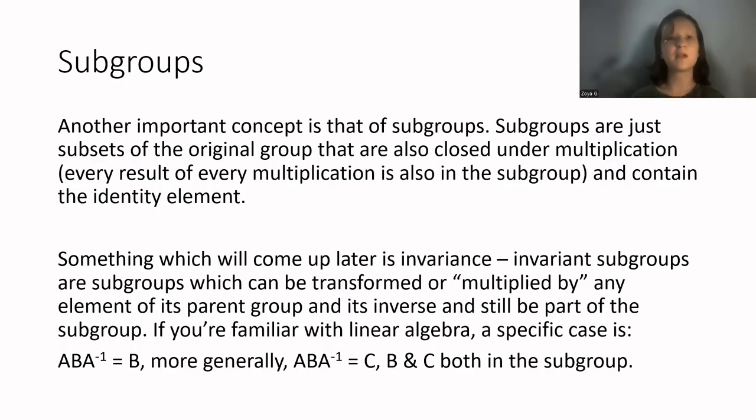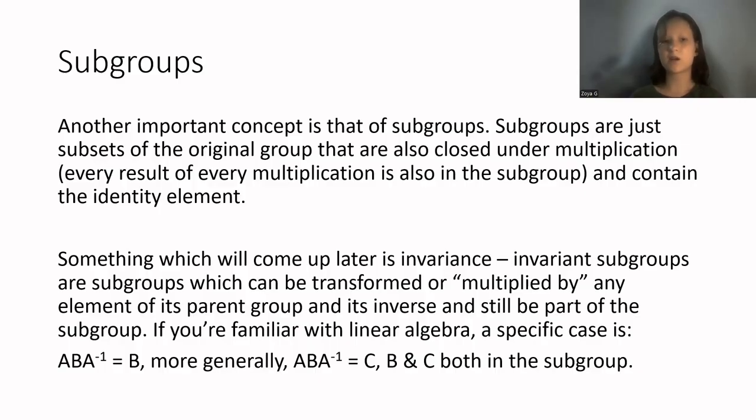Okay? So another concept that is important is that of subgroups. Subgroups are just subsets of the original group that are also closed under multiplication. So every result of every multiplication is also in the subgroup, and they contain the identity element. Something which will come up later is invariants.